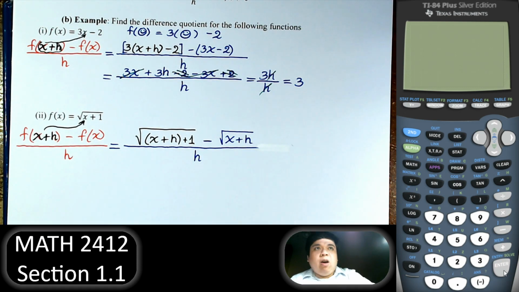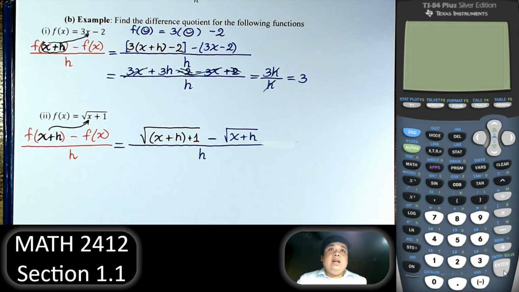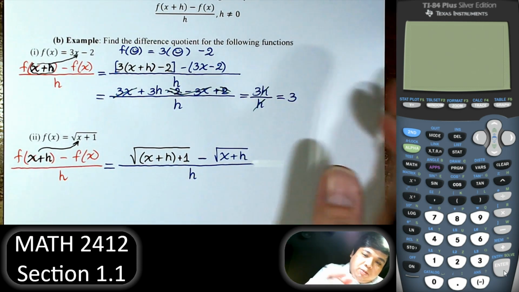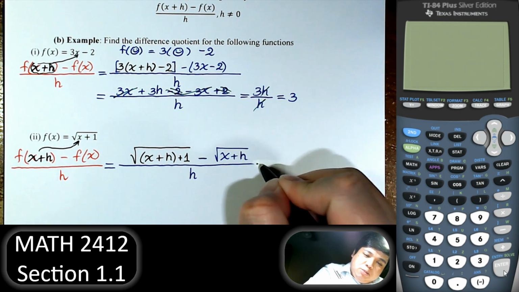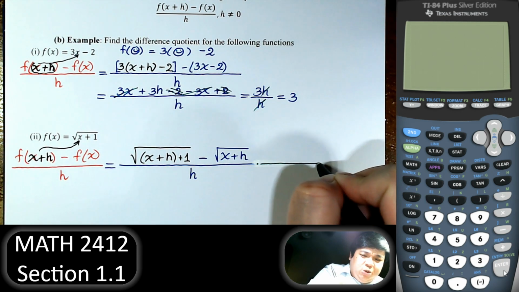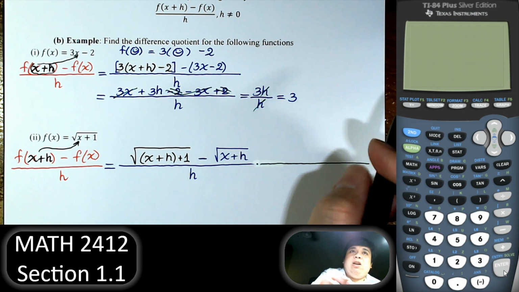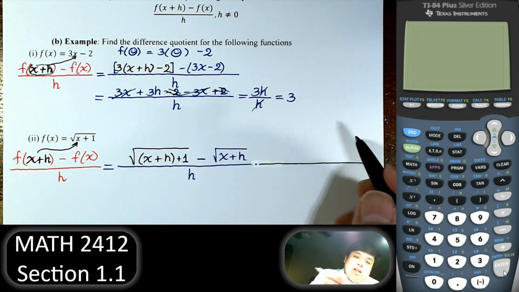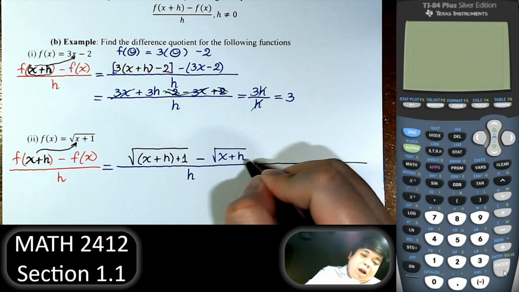When we simplify the square root, I think this is partly in trigonometry, we can multiply by the conjugate.